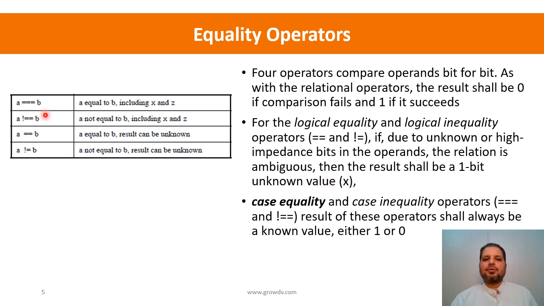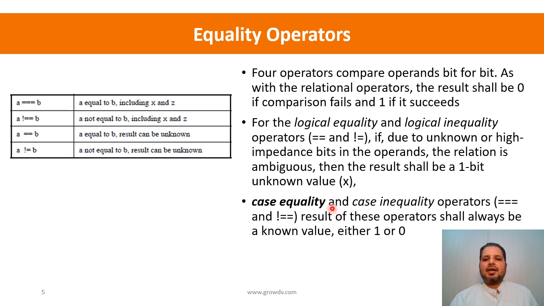So that is something you need to be aware of: if you are doing some interface level signal sampling and comparing that with something, then you should always rely on the case equality operator, so that the exact match can be obtained.